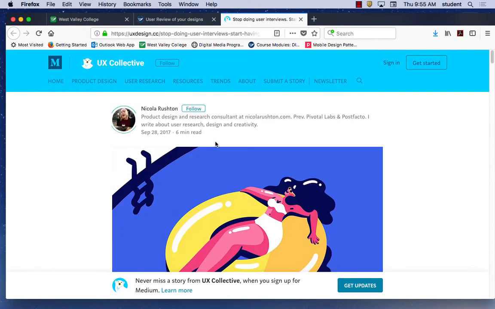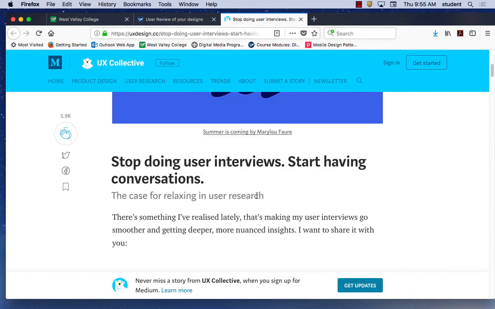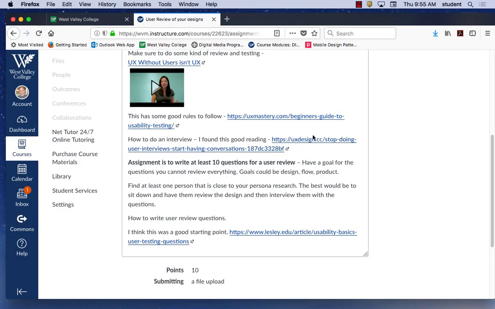That's why it says up here, stop doing user interviews and start having conversations. So instead of just getting one-way feedback, I would have them go through your questions first, and then talk to them about it afterwards and get some more input from that. That's what that article is about.